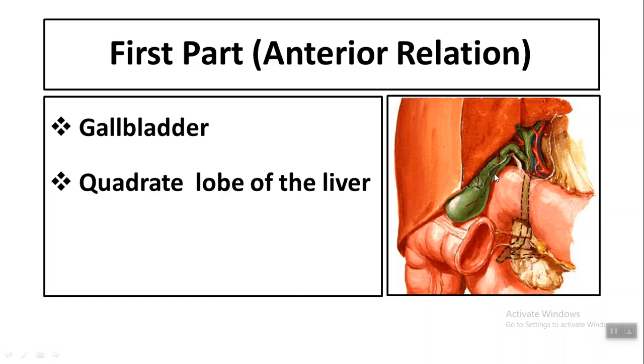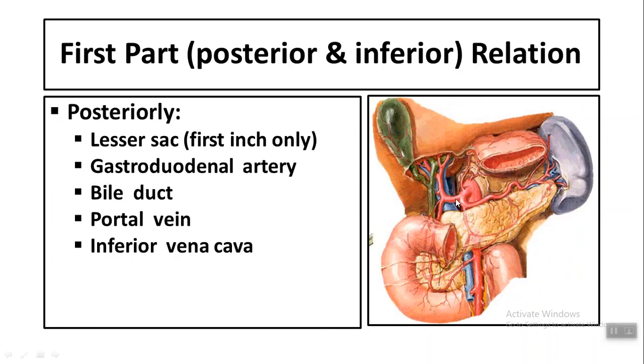What is its anterior relation? We can see from this figure, it is the gallbladder that lies anteriorly, with the quadrate lobe of the liver. What is its posterior relation? There are important relations to the first part.